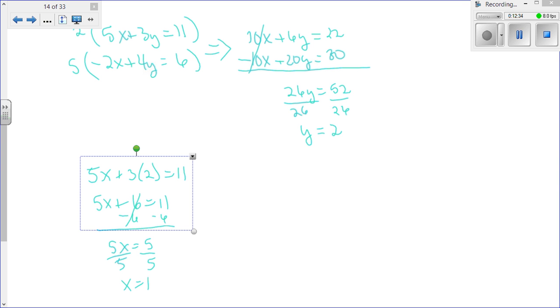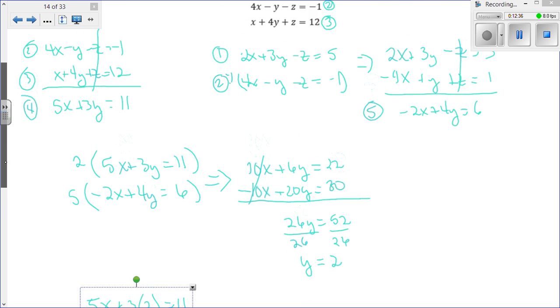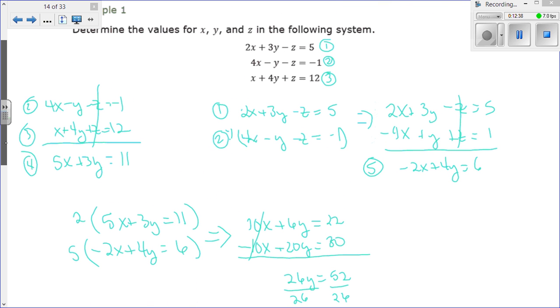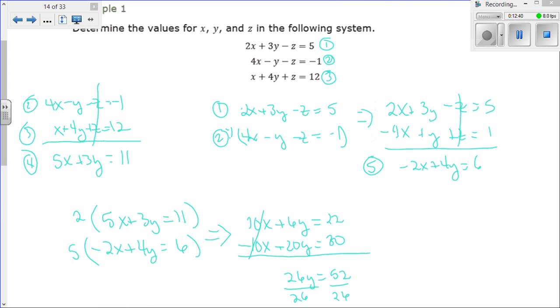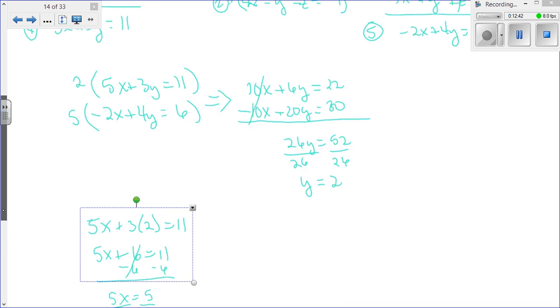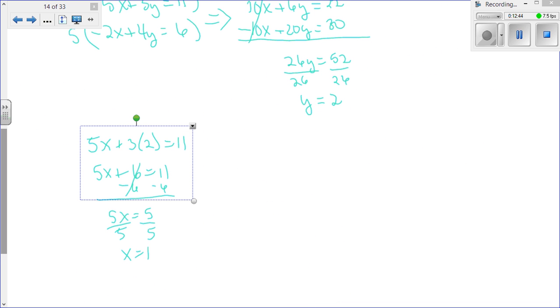Now I need to pick one of the equations, and I'm going to go back up, and I chose to work with equation number 1 and substitute in for x and y because that's what I have. So 2 times 1 plus 3 times 2 minus z equals 5.